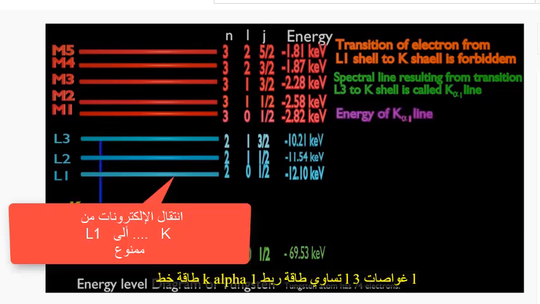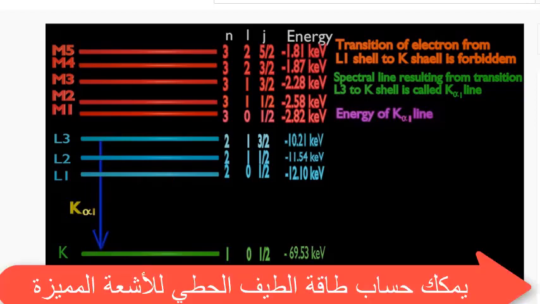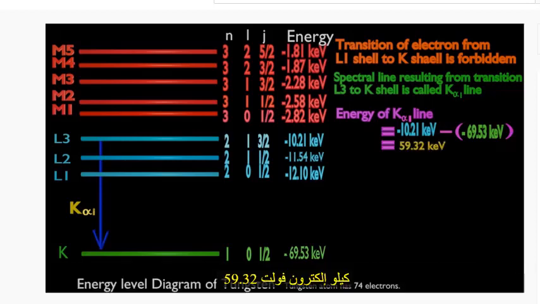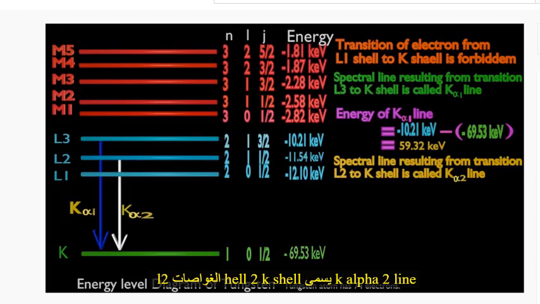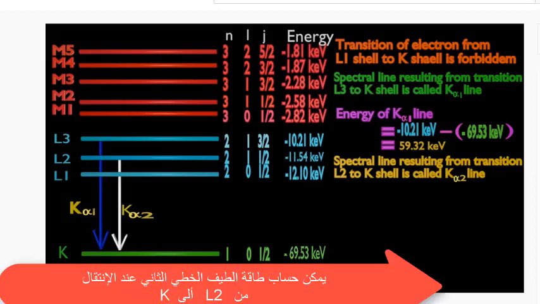The energy of the K alpha 1 line equals the binding energy of the L3 subshell minus the energy of the K shell, which equals 59.32 kilo-electron volts. The spectral line resulting from transition from the L2 subshell to the K shell is called the K alpha 2 line.